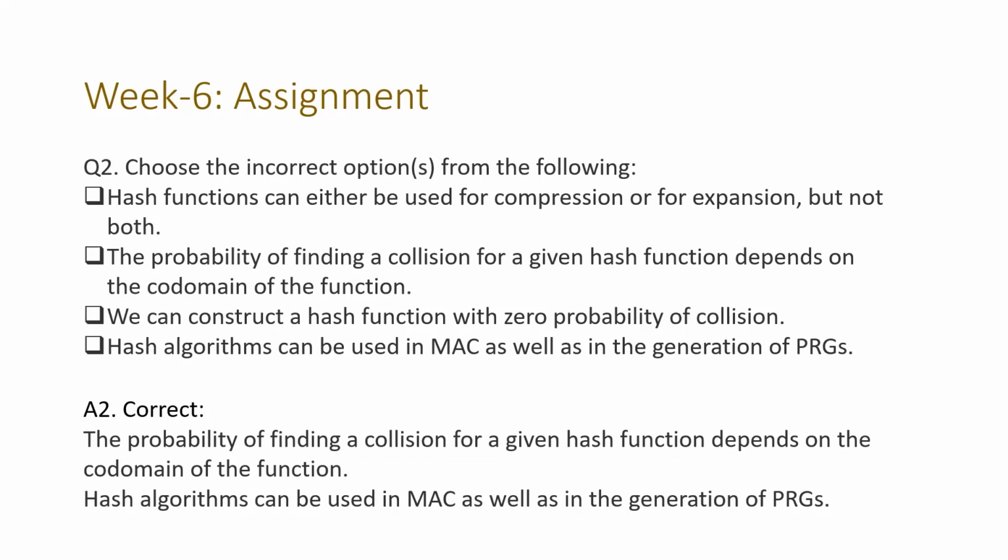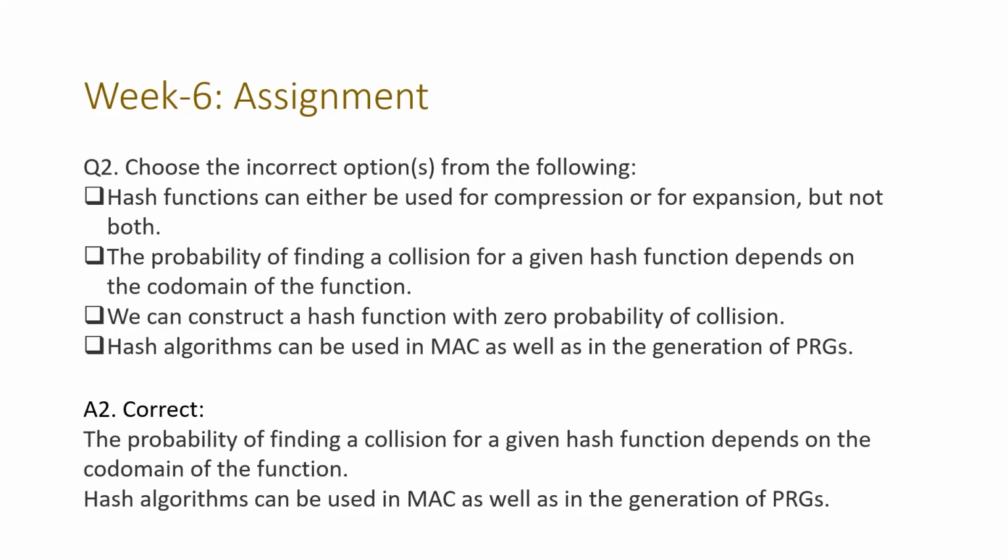Next question is: choose the incorrect options from the following. Hash functions can either be used for compression or for expansion, but not both. Okay, if you remember, we denote a hash function as {0,1}* mapping to {0,1}^L specifically, right?